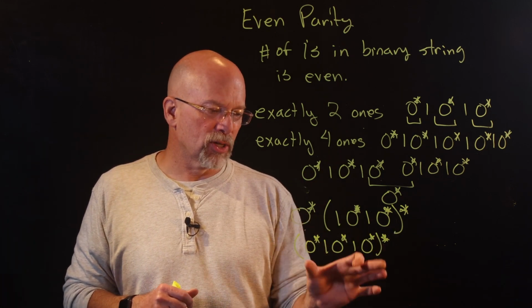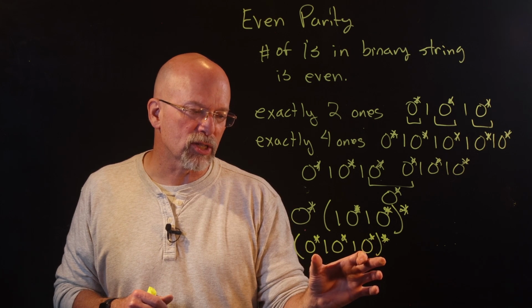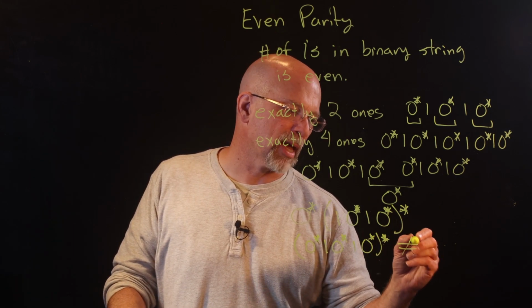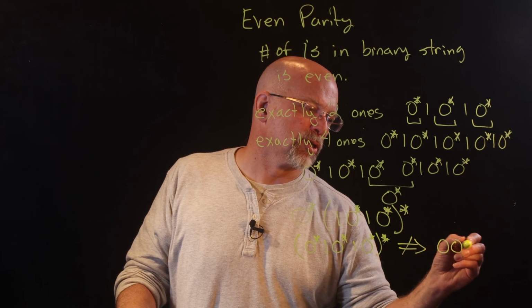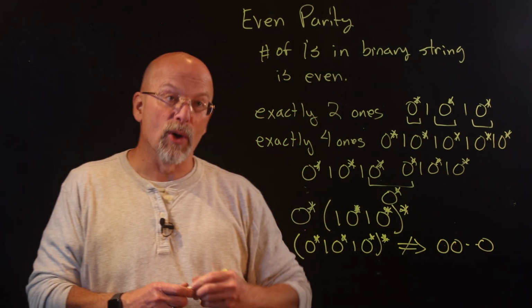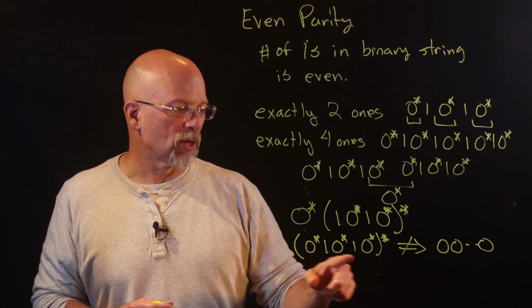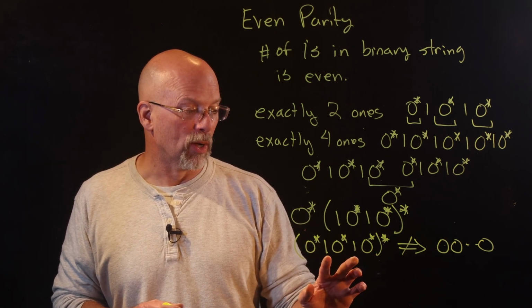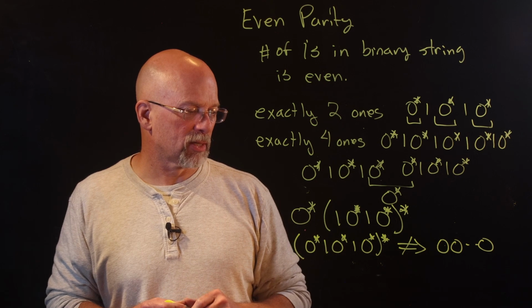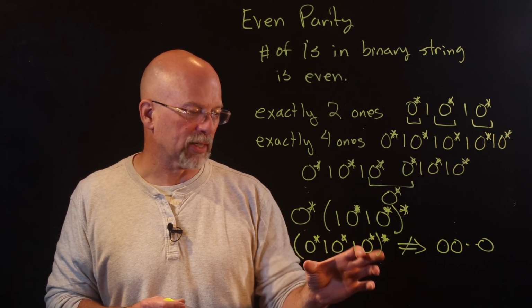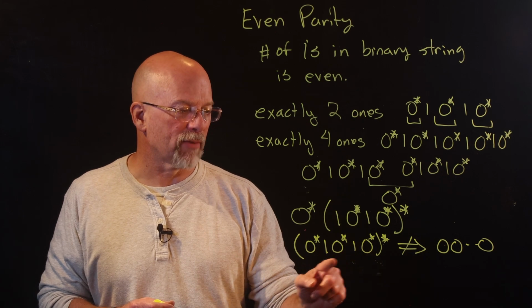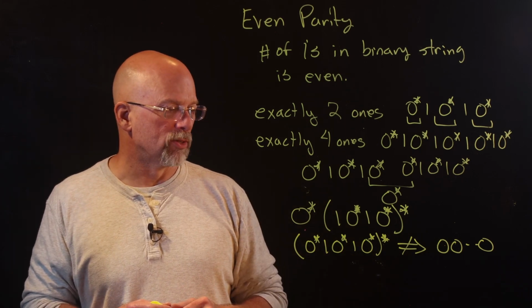If I had all zeros, there's no way to use this regular expression to represent it, and all zeros is also an even parity, because there must be at least exactly 2 ones in this expression if we're going to have anything. It's either going to be the empty string, or if it's not the empty string, it's going to have at least an even number of ones in it.